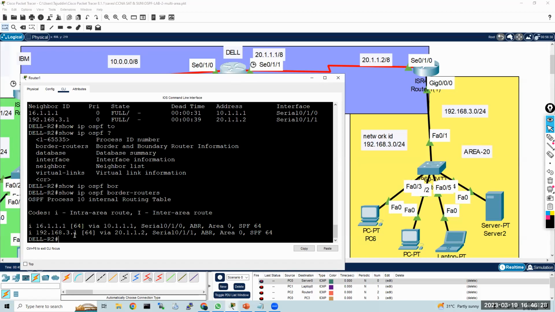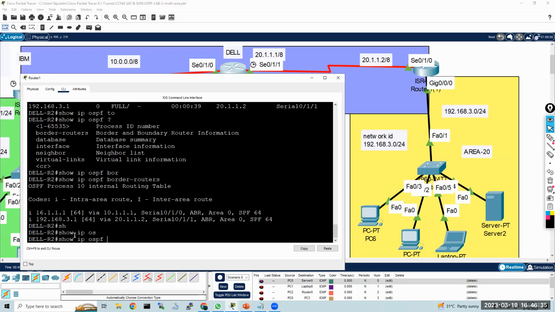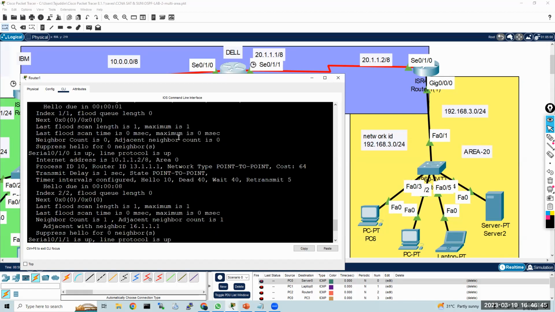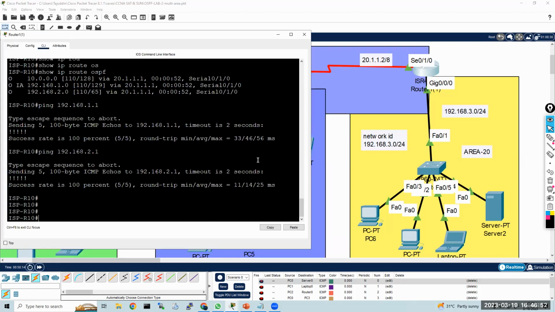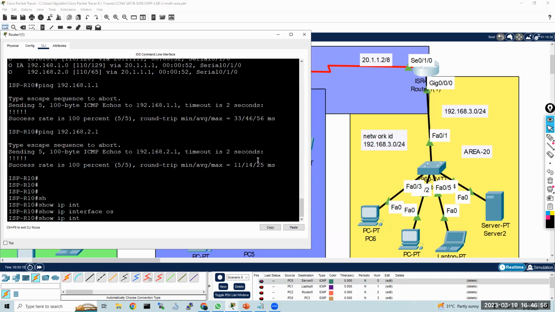Now how to check? Show IP OSPF interface. Okay, the state is DR because it is a center router, right? See, the priority is same. Let's check this guy. Show IP OSPF interface.